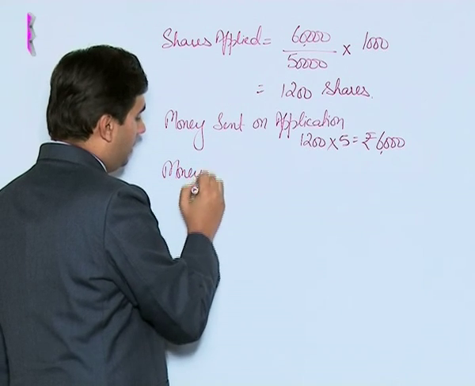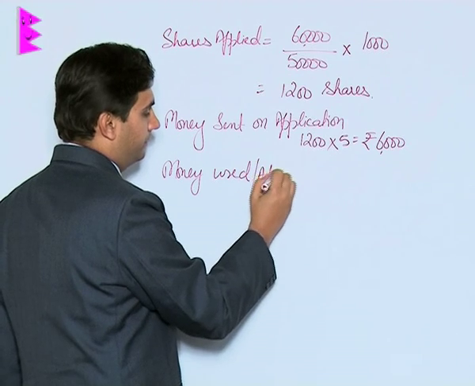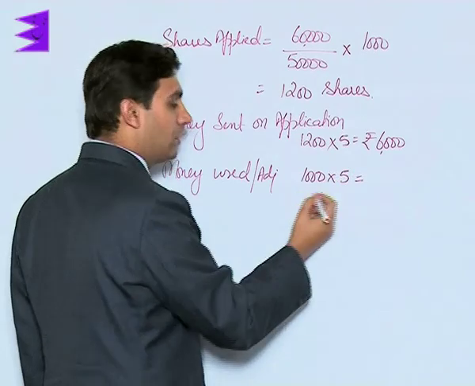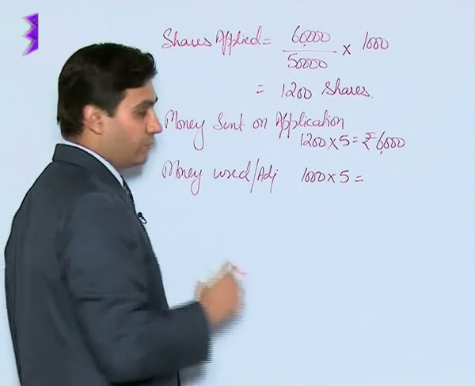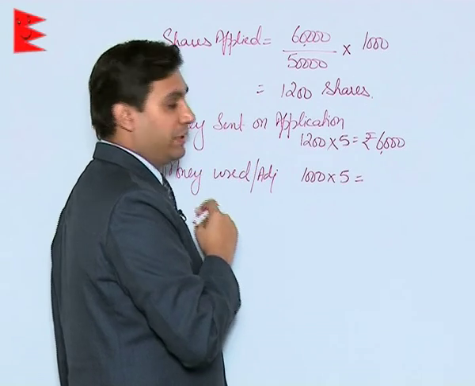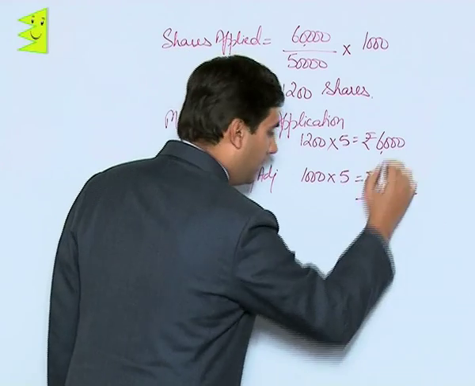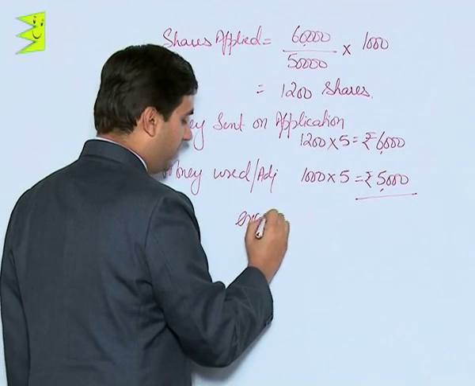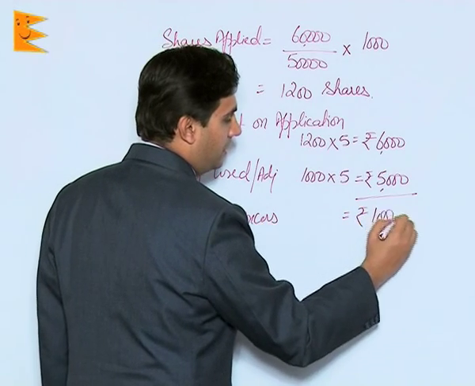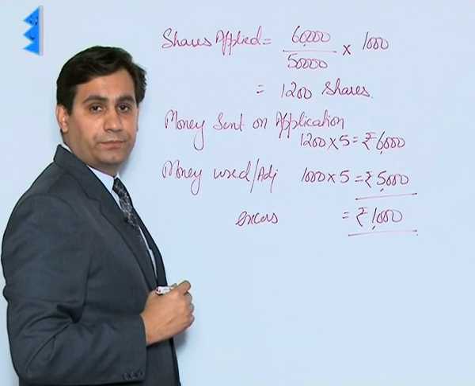Money used or adjusted was 1000 into 5, 1000 being the number of shares we had allotted him, into 5 rupees, the money at the time of application. So we had adjusted 5,000 rupees. That means we had received an excess on his account to the extent of rupees 1000 at the time of application.